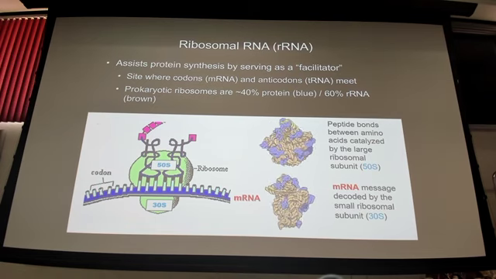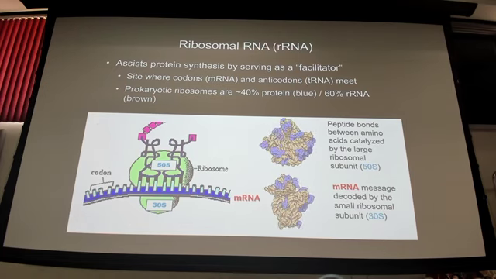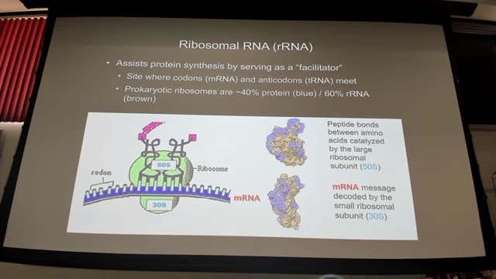These rotating structures here will show you these two big subunits that comprise a prokaryotic ribosome. The one that sits on top is called the 50S ribosomal subunit, the large ribosomal subunit. And the one on the bottom that's responsible for decoding that codon message is the 30S subunit.